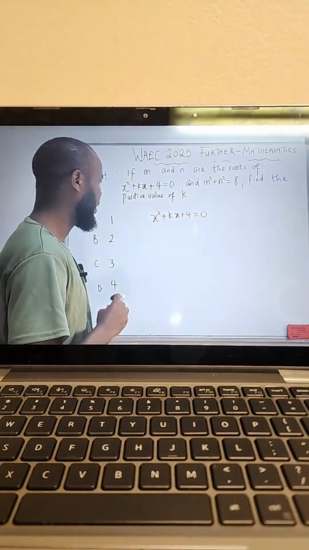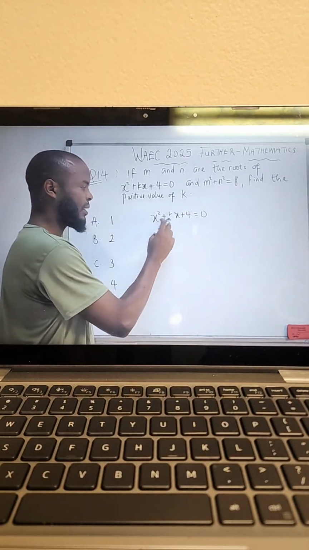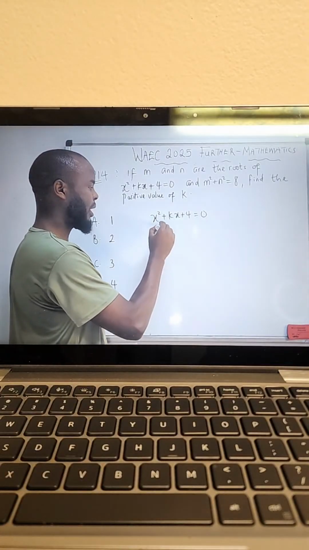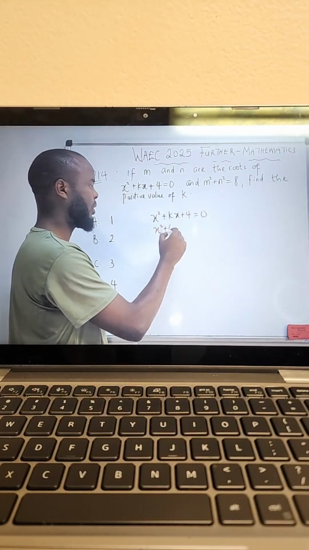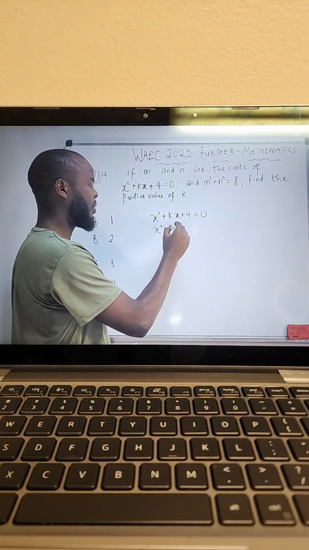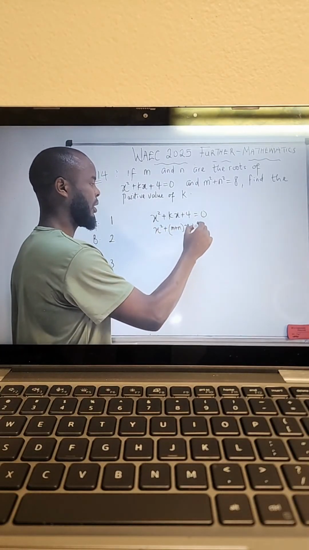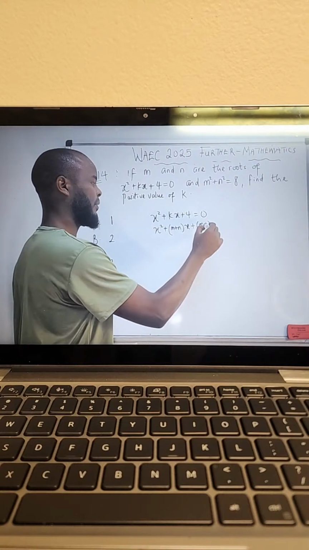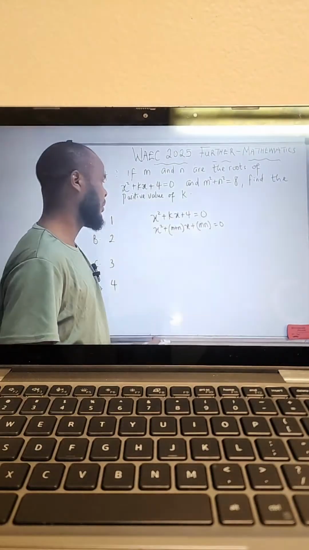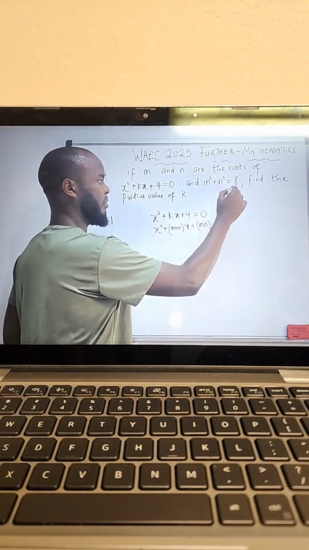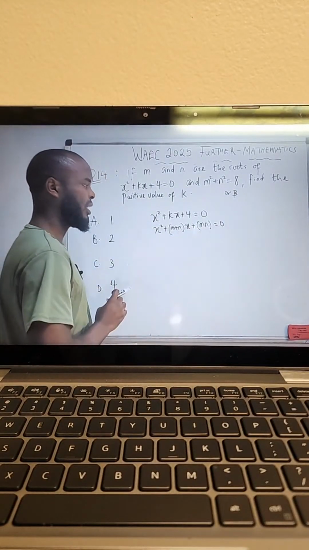I want you to recall that when we talk about the root of the equation, this is the same thing as saying x squared plus, since m and n are the roots of the equation, this is m plus n x plus mn equals to 0. Yes. Now, we are very versatile with using alpha and beta for the root of equation, but it's the same thing defined as this.